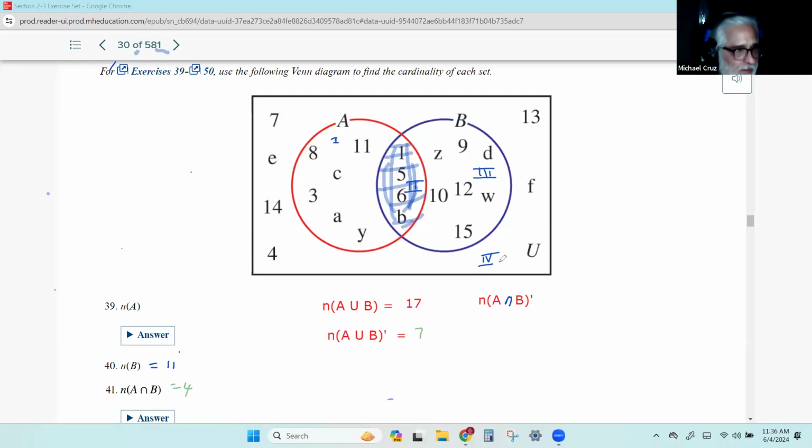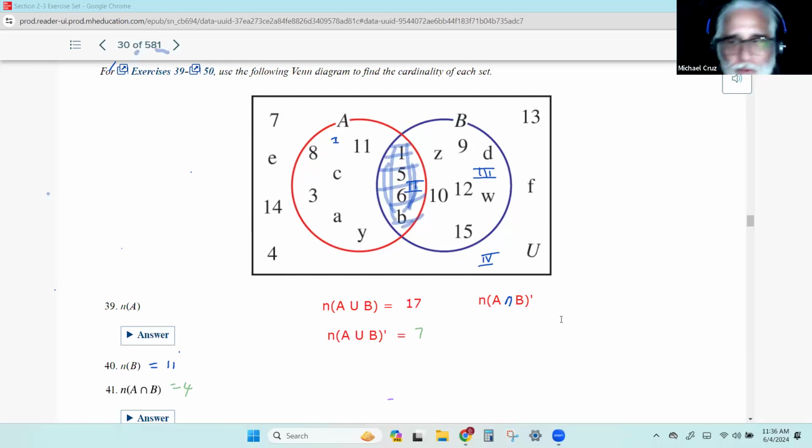Okay, so with this one we've got 1, 2, 3, 4, 5, 6, 7, 8, 9, 10, 11, 12, 13, 14, 15, 16, 17, 18, 19, 20.